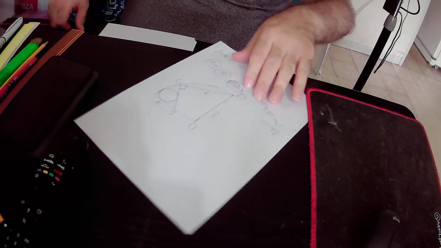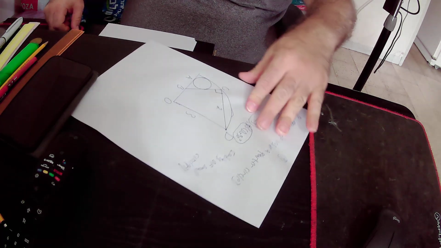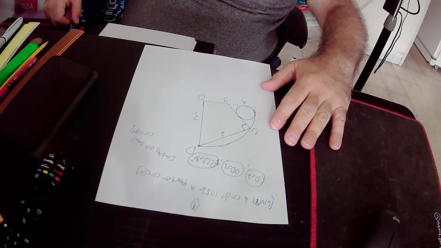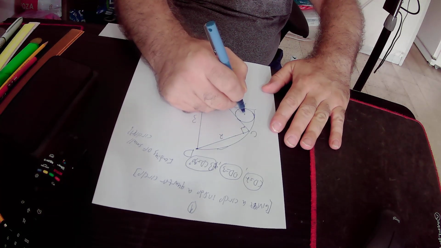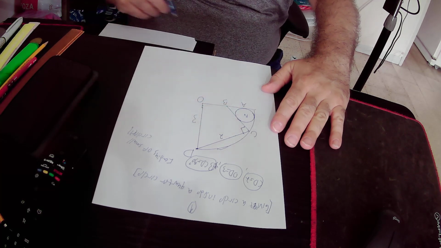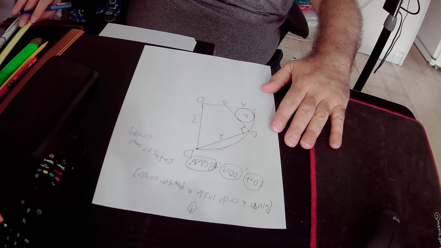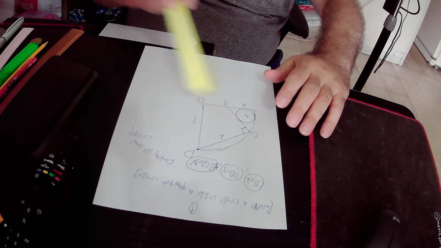Okay, so first of all we will define the center of the small circle as point P. This is point P, and we will join together points P and A by a straight line.